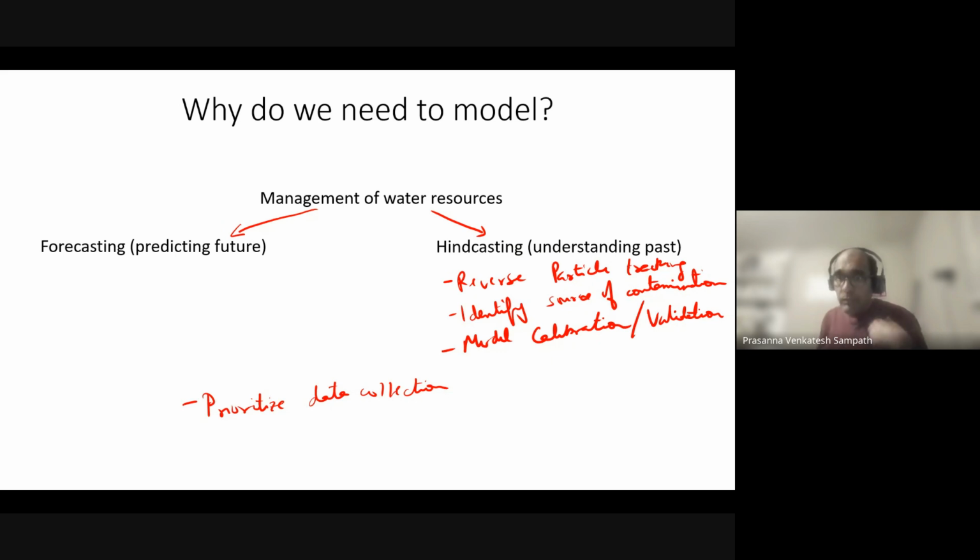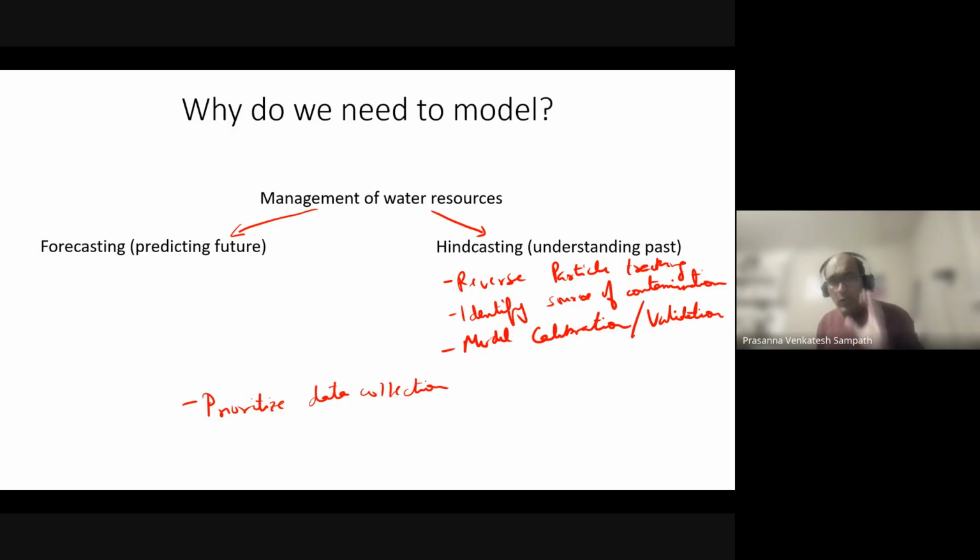You have to build the model. And what do you build the model with? You build it based on existing data. You may have some information from different maps that are available showing how the land surface varies, right? How much rainfall has been received in the past, and so on and so forth. Soil type data, all of this data is available.